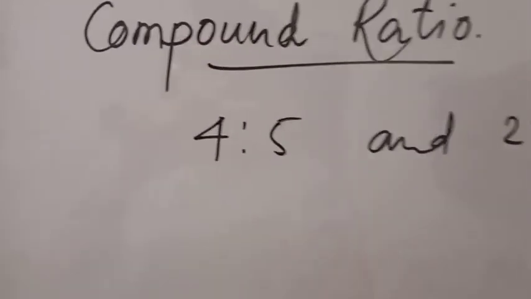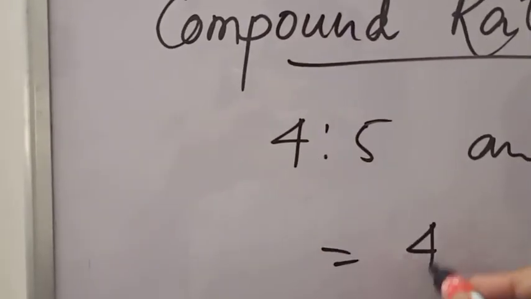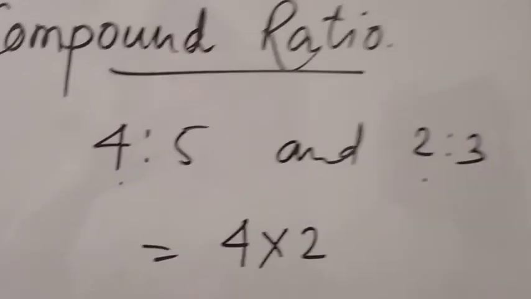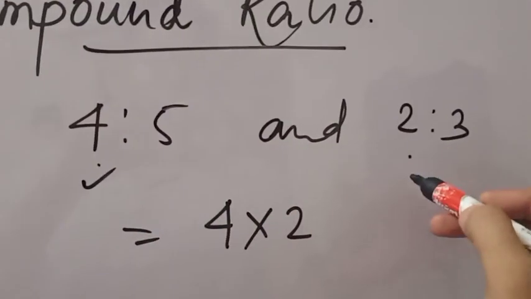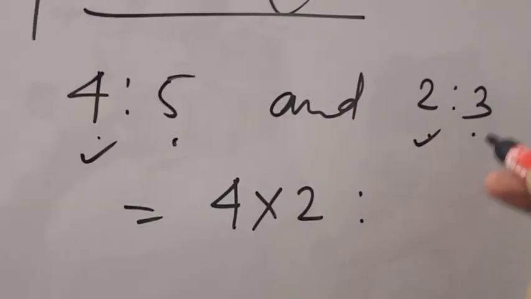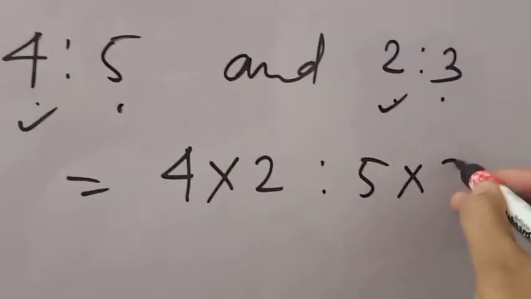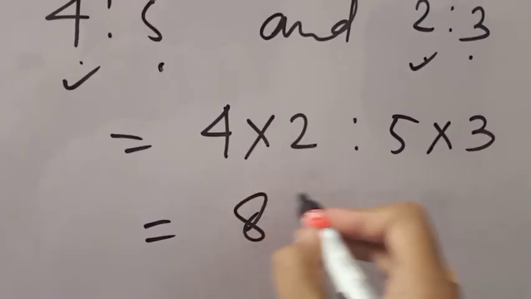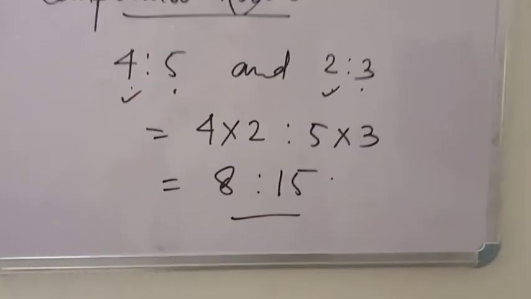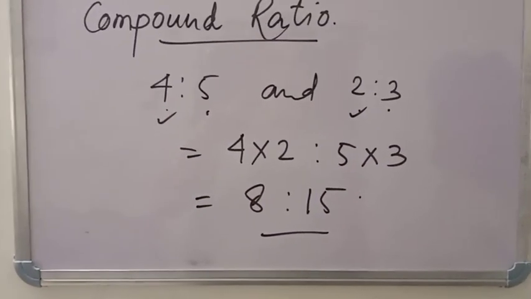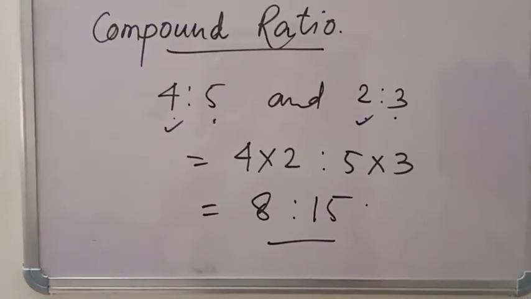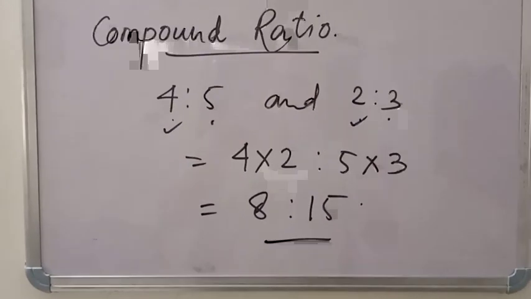So we have to multiply 4 into 2, that means the multiplication of the antecedents, and the multiplication of the consequents, 5 into 3. So you can write 8 is to 15. That means the compound ratio of 4:5 and 2:3 is 8:15.